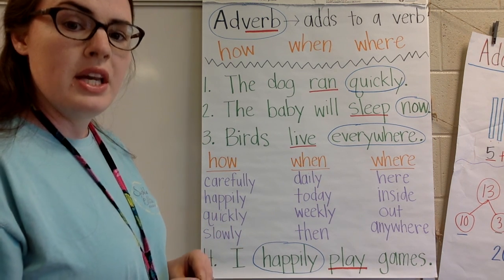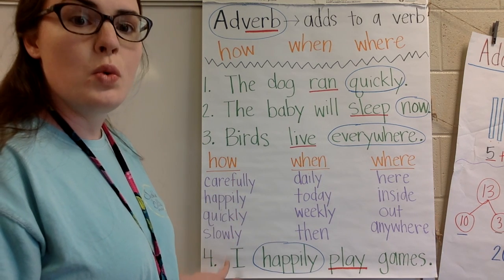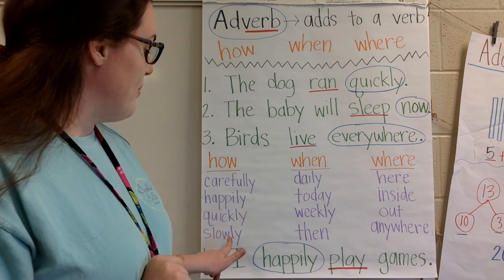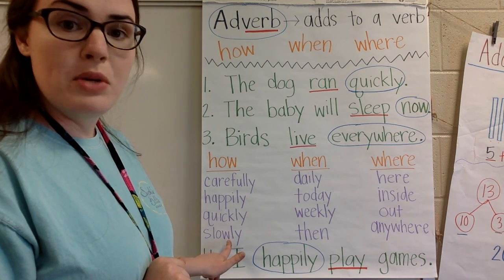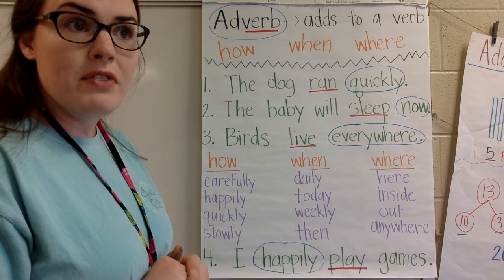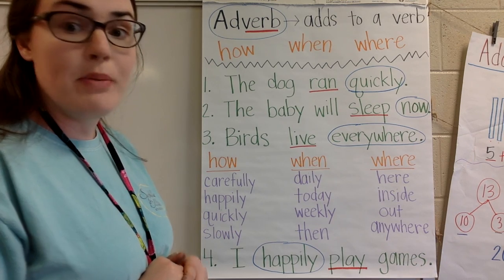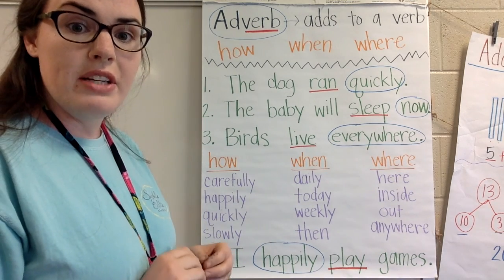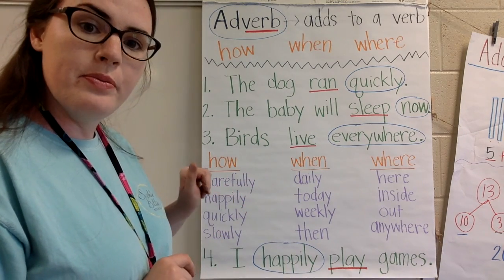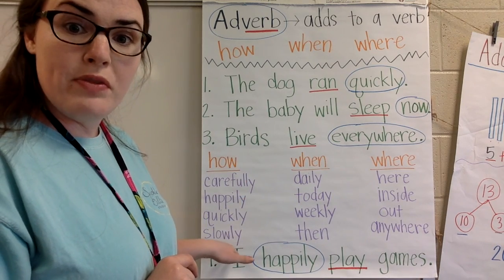Think about verbs that you could put these adverbs with and make up some sentences and maybe write them down, or even say them out loud. We can try with carefully. I carefully ride my bike. So carefully goes with ride. So you try that and try to put these adverbs with verbs in sentences.